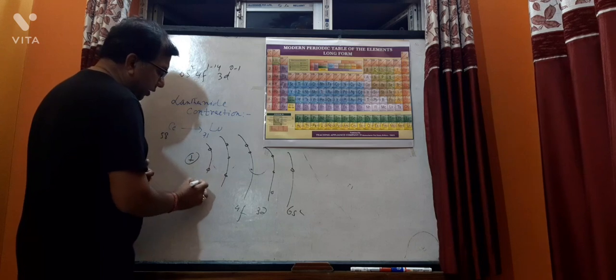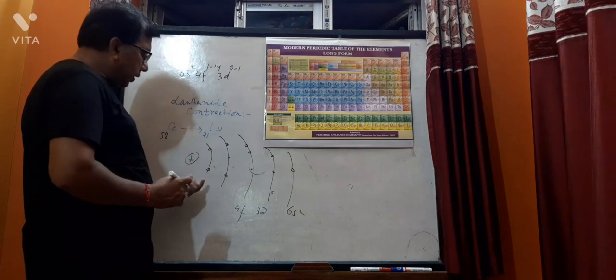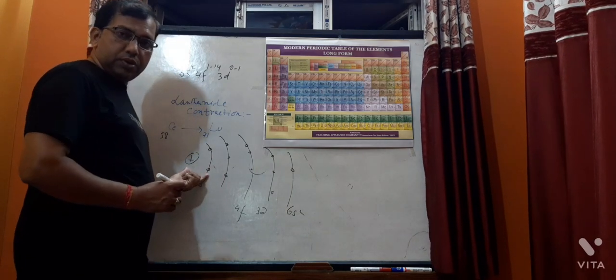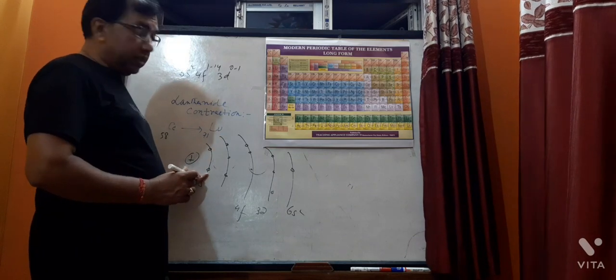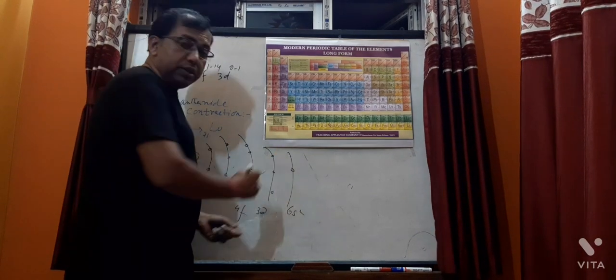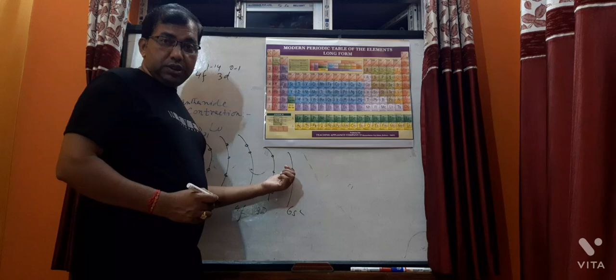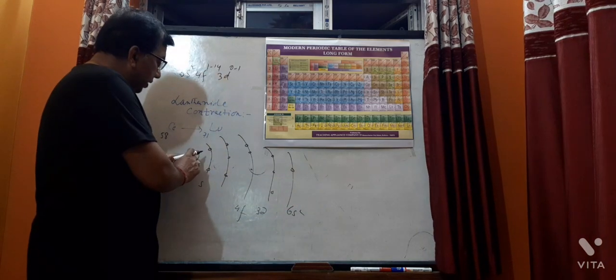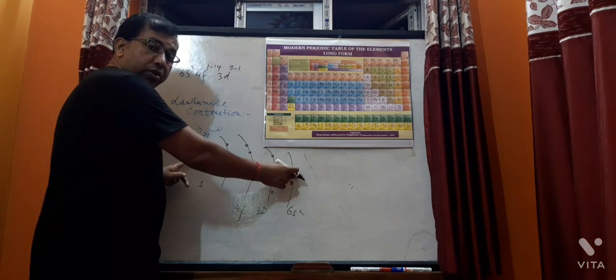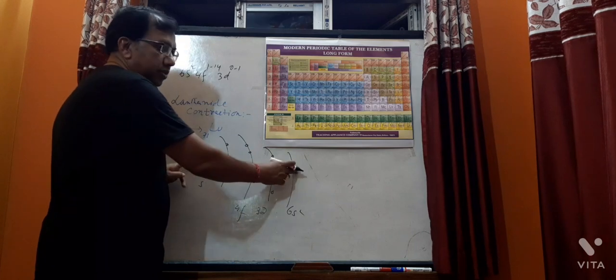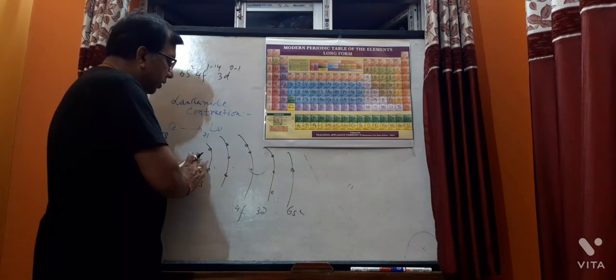The resistance power of the s subshell is greater than this, and the attraction of the nucleus to the outermost electron is resisted by all the other electrons.